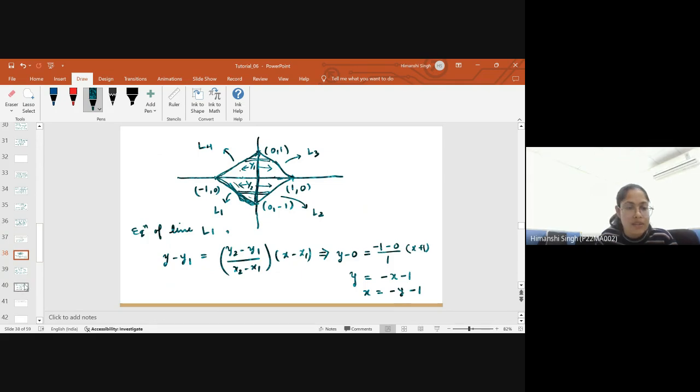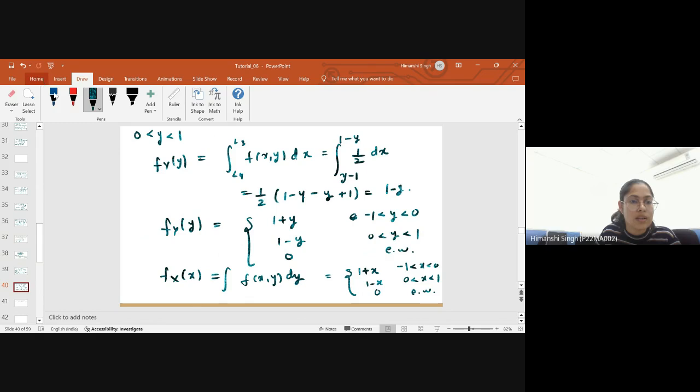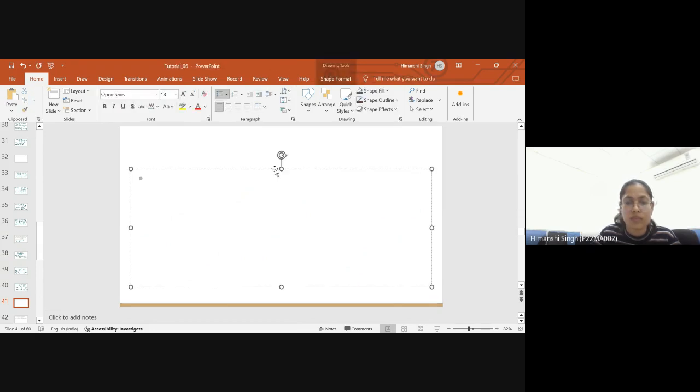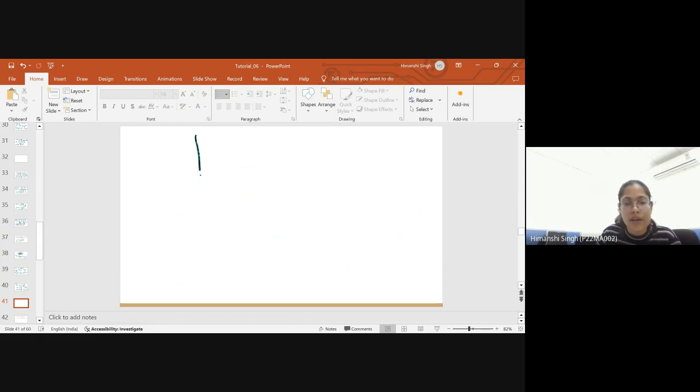So I will just make it more clear. If I want to find the marginal for x, then I would find the integration of the density with respect to y, and I will be varying over y.